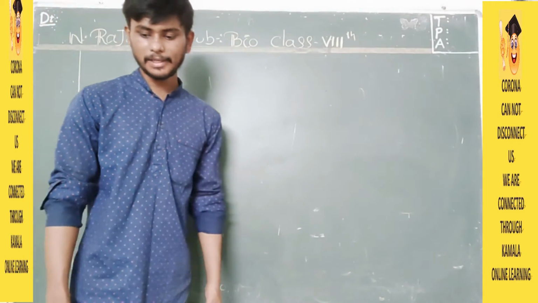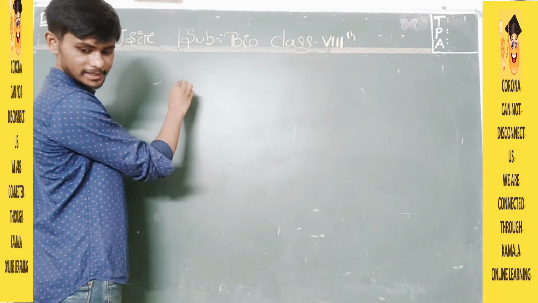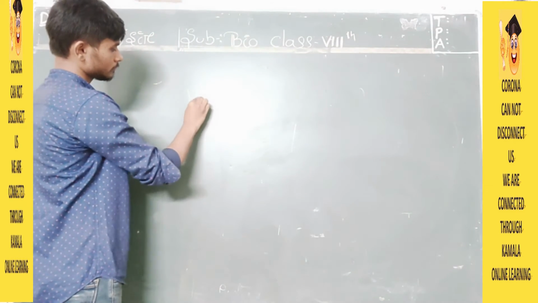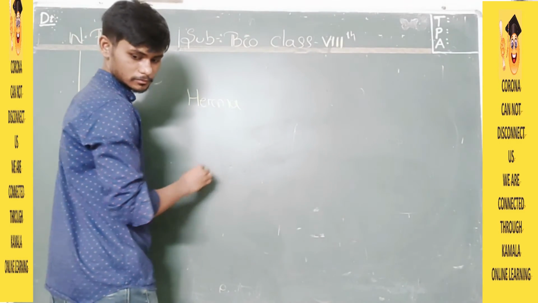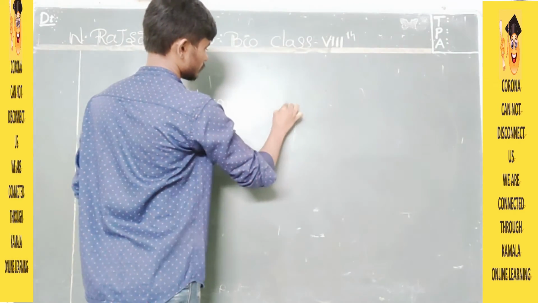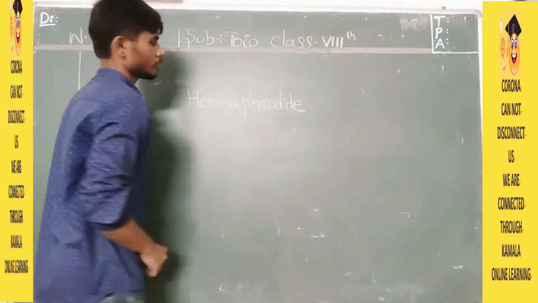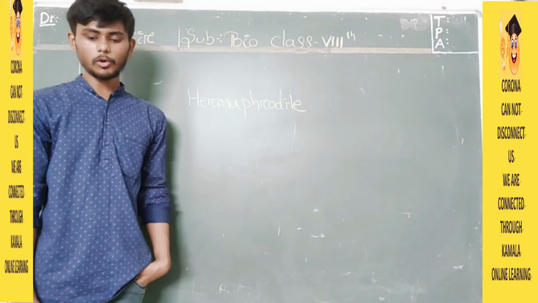Now bisexual animals. Bisexual animals are called hermaphrodites.